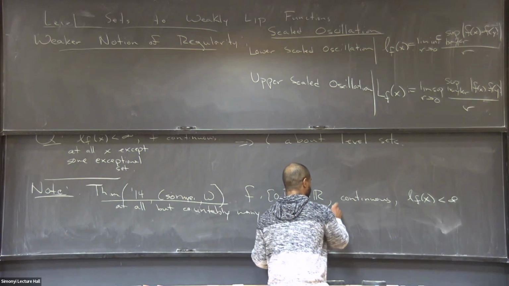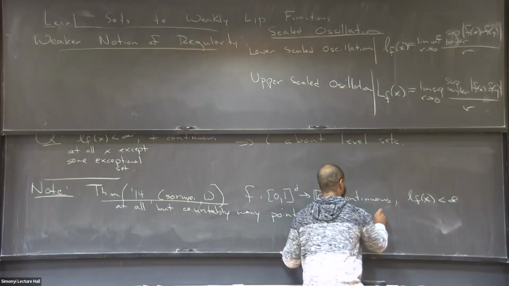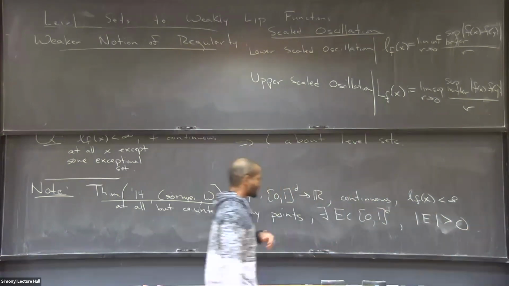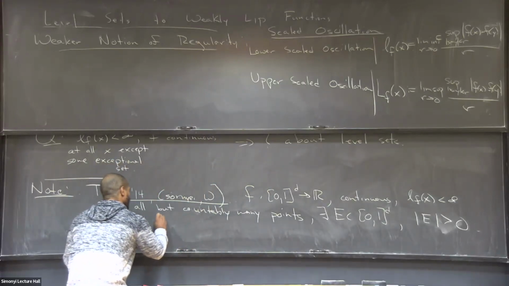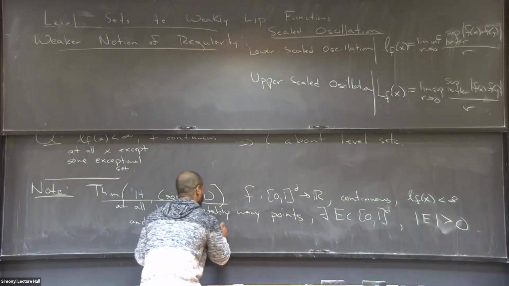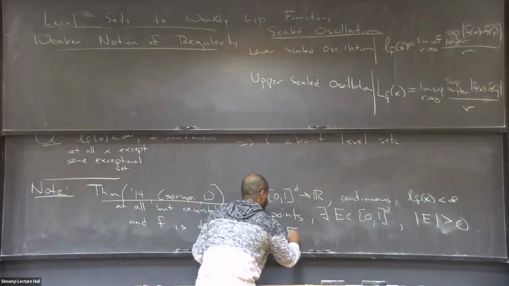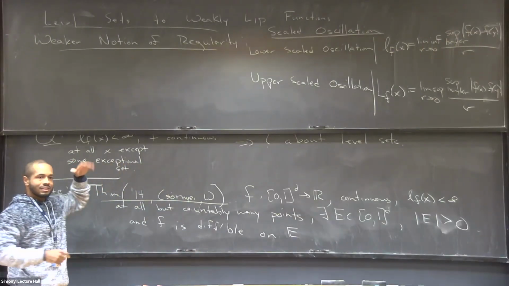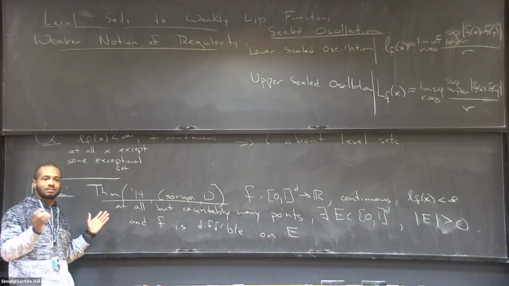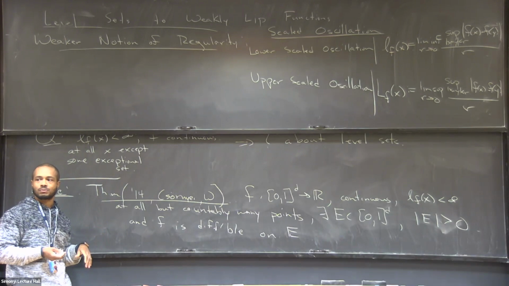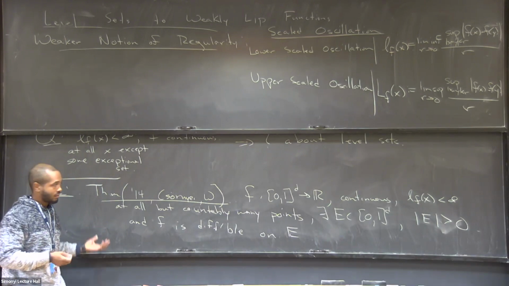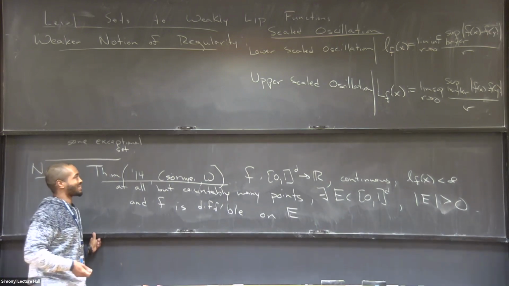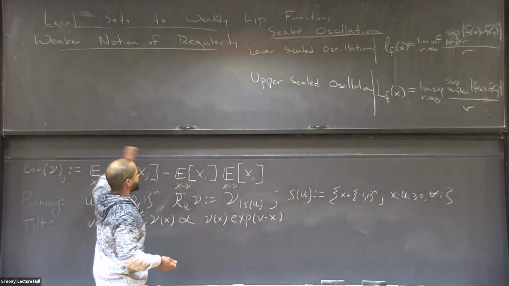There exists some E such that it's positive. It's a weird statement in some sense, right? Because you have some positive measure of differentiability, but there's no description of what this looks like or anything like that. And the proof is by contradiction as well, so it's even worse than it looks.